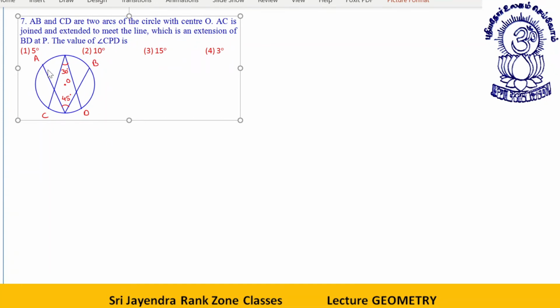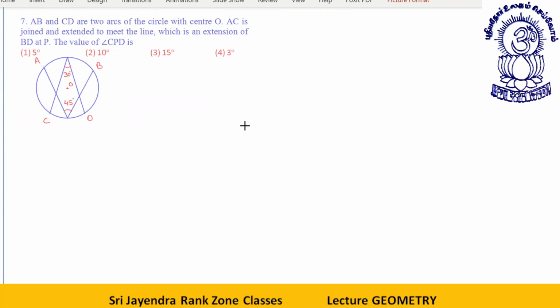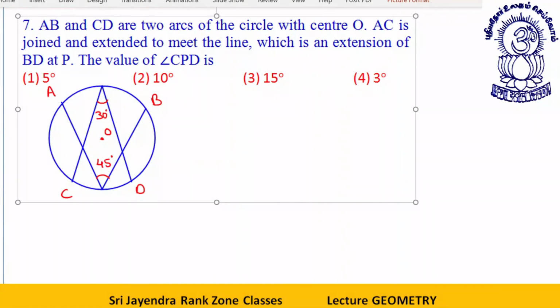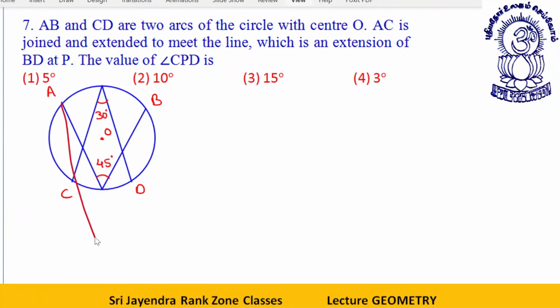Let me enlarge the diagram first. Suppose these are produced like this. This is point C. They meet at the point P.